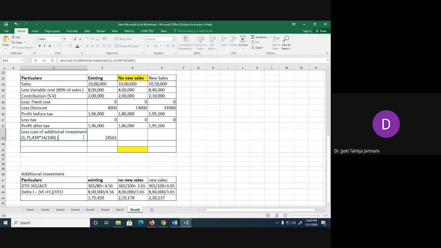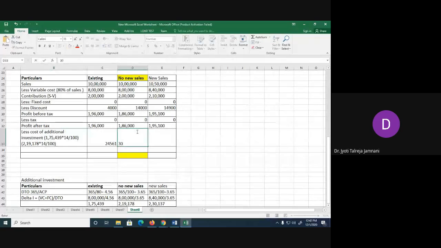Next, 2,19,178 into 14%, 30,685. In the third case, 2,30,137 into 14%.